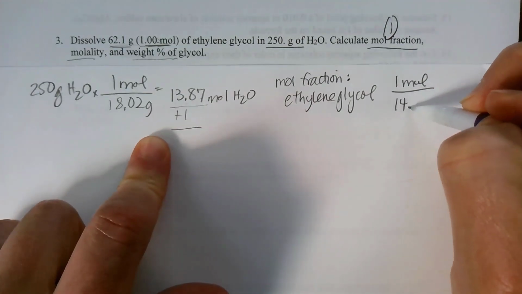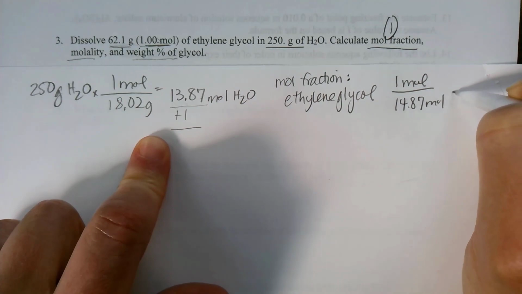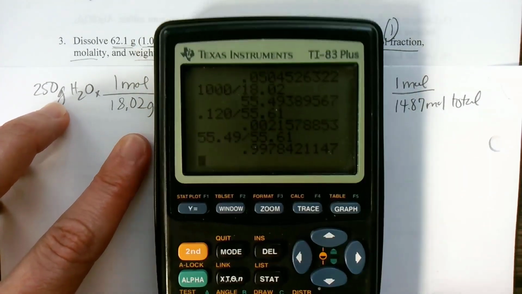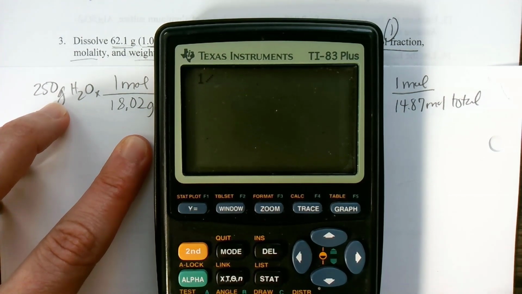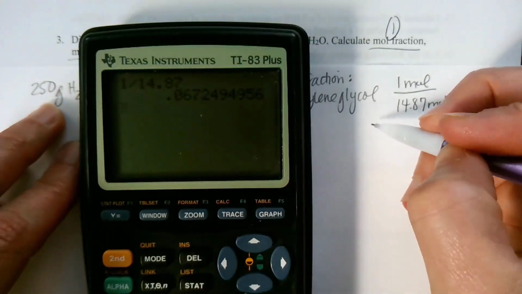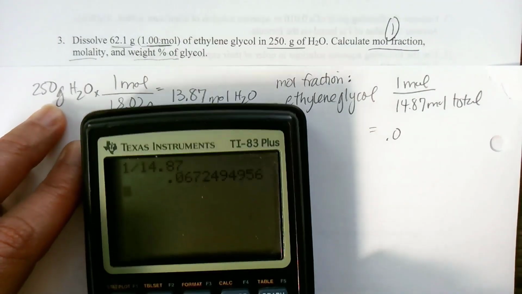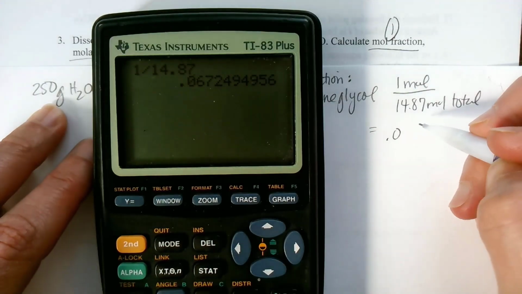So a total of 14.87 moles total. So our mole fraction is going to be 1 divided by 14.87. So our mole fraction for the ethylene glycol is 0.0672.